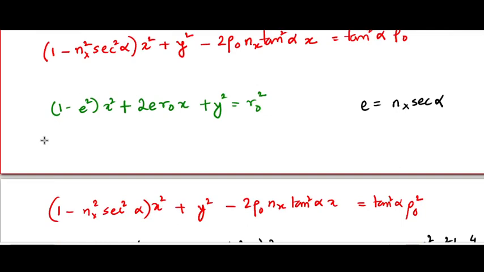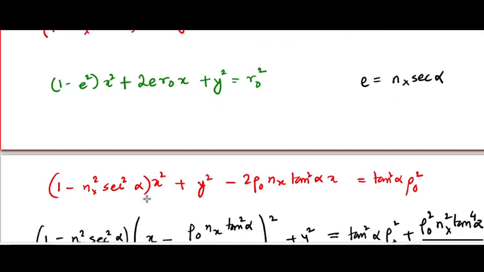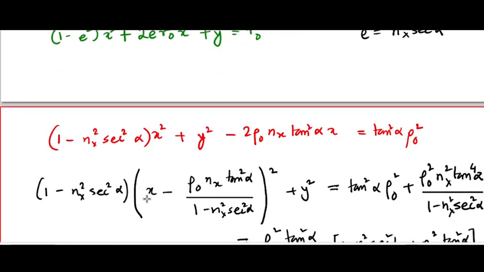When you start with this equation, what you need to do is take into account this linear term in x, and combine it with the x squared term by completing a square. Now that's pretty easily done using the formula a plus b whole square is a square plus 2ab plus b square. You can easily see that after you take this factor out, you can write this term and this term together as x minus rho 0 nx tan square alpha by 1 minus nx square sec square alpha's whole square.